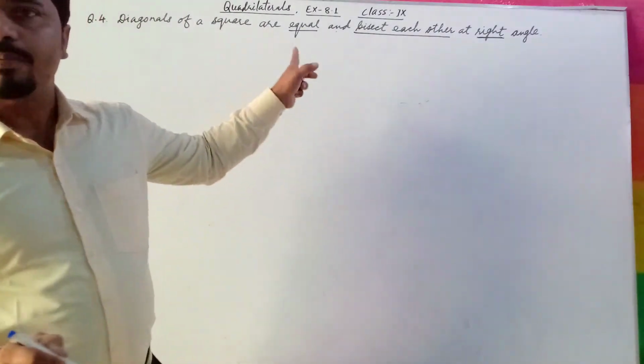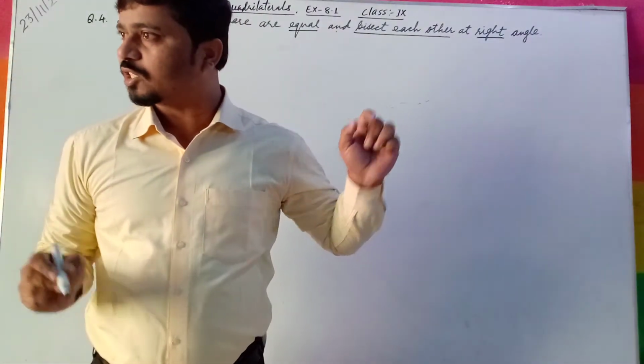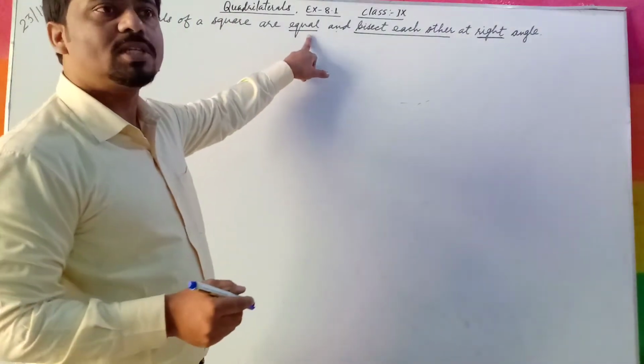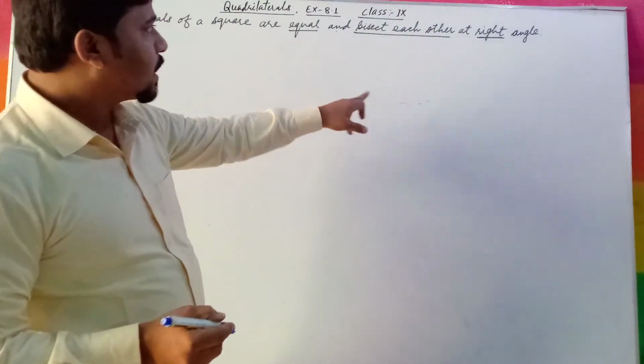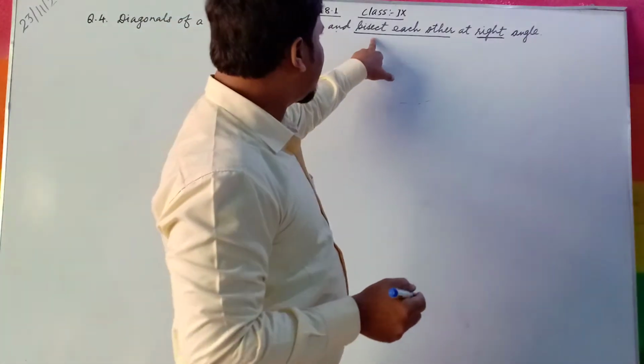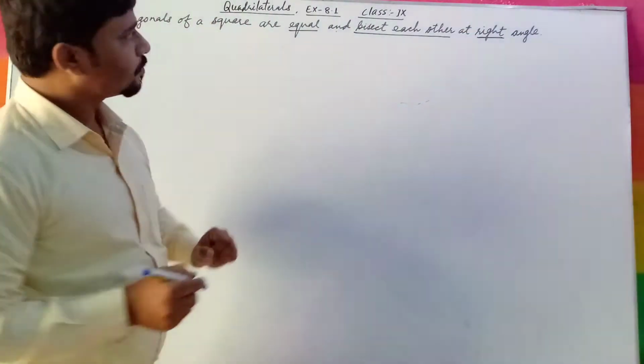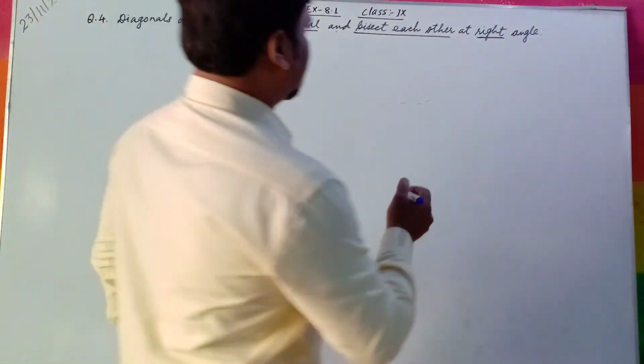Okay, means we have to prove two things in this question. First we will prove diagonals are equal, and after that we will prove they bisect each other at right angles. So how will you prove?